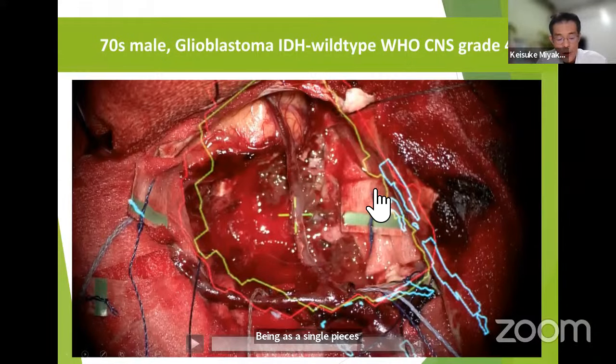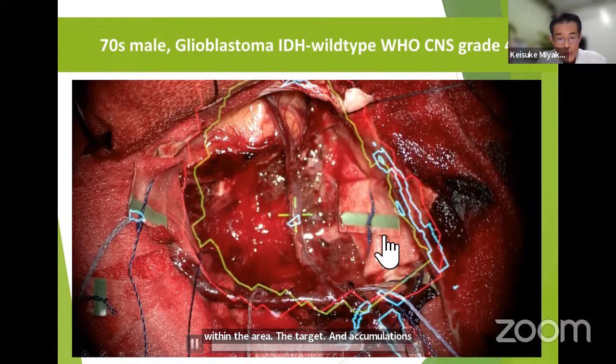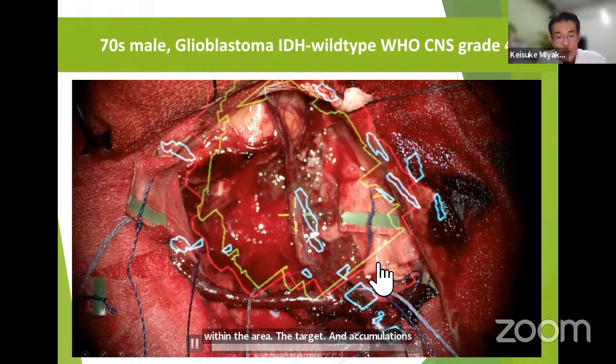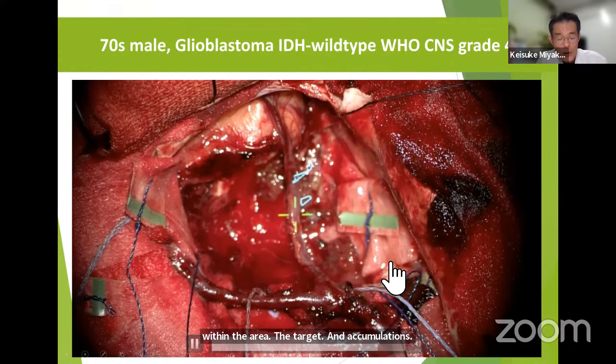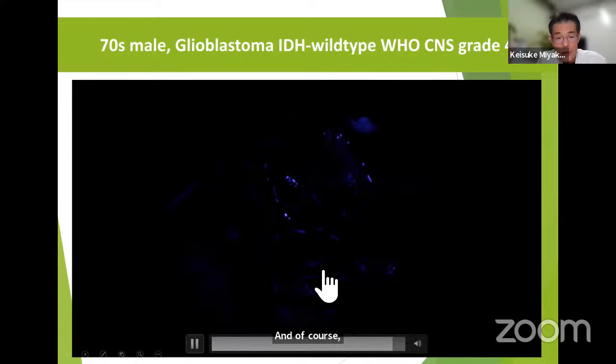The resection is performed within the area covering the target methionine accumulation. And of course, 5-ALA does not show fluorescence in this case.